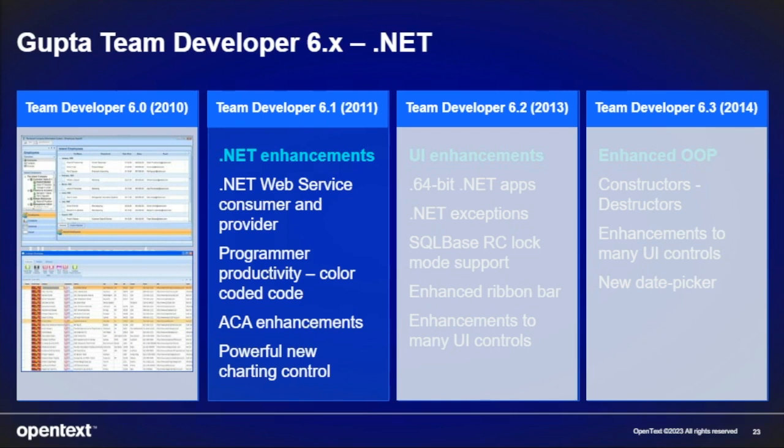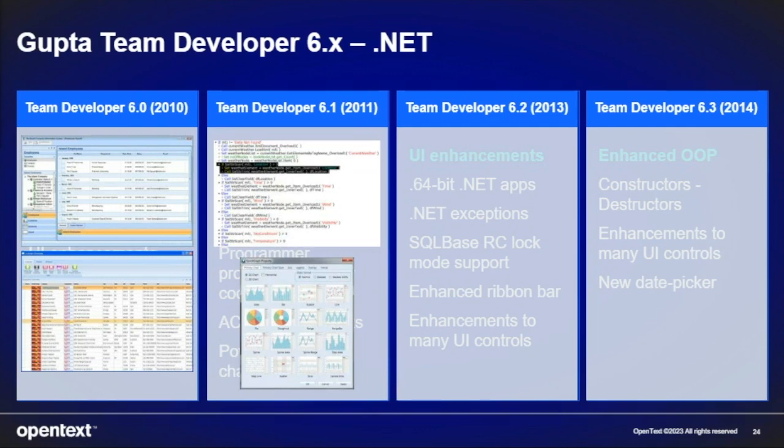Programmer productivity, you did get color-coded code, so it's easier to read code. Active coding assistant enhancements. The active coding assistant has been enhanced over the many releases we did, and is now a very, very powerful and easy to use coding help. Also, we introduced a new charting control that provides very detailed information, including statistic lines.